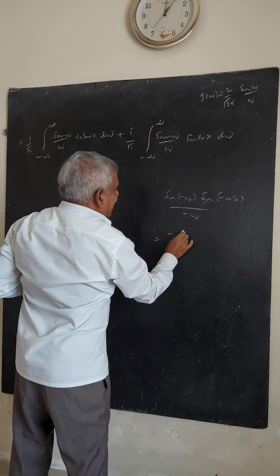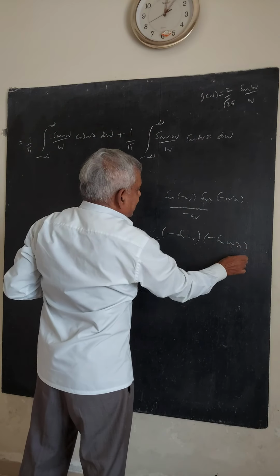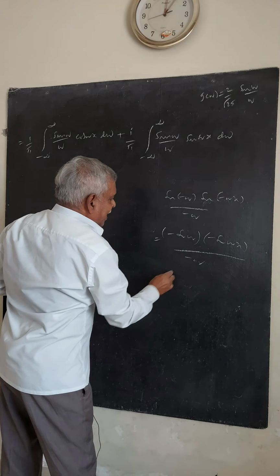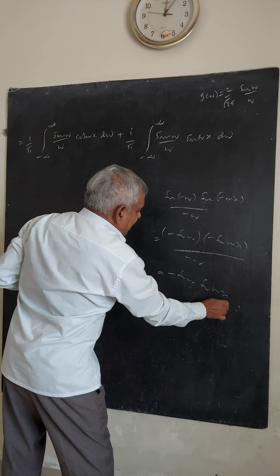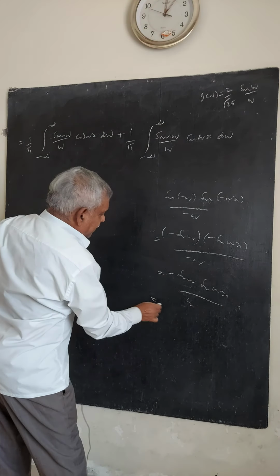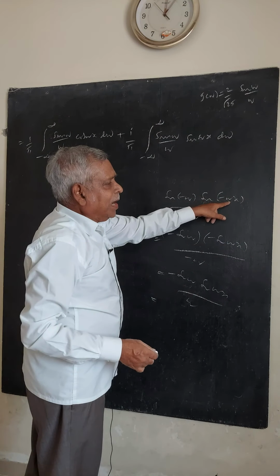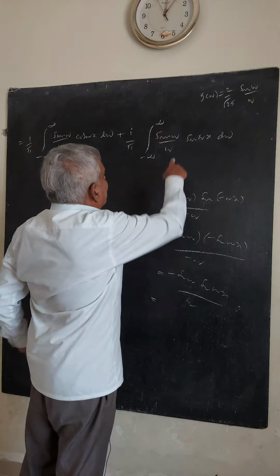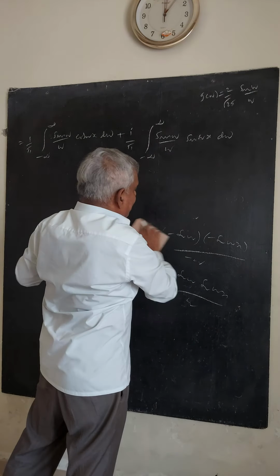This will become negative sin omega x divided by minus omega, which is the same as sin omega x by omega. Therefore, if you put minus omega instead of omega, the negative comes out. Therefore, this is an odd function. This surely will always become zero.